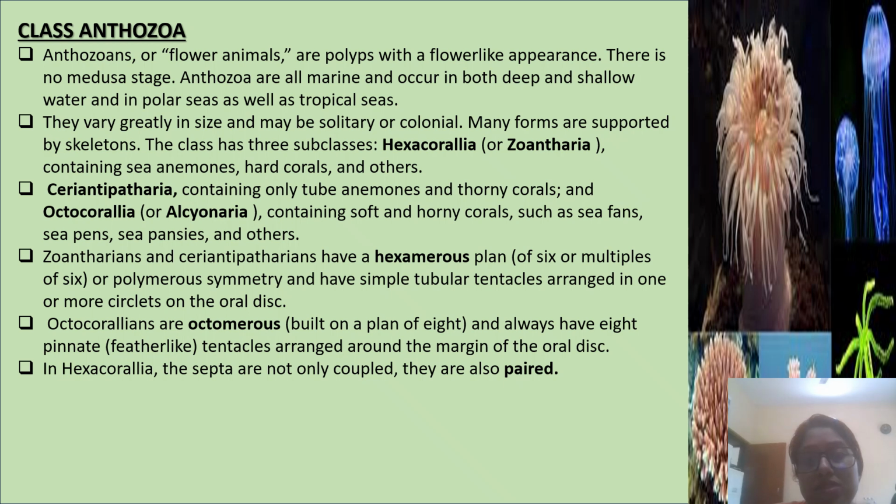Hexamerous plan means of 6 or multiples of 6, or polymerous symmetry, and have simple tubular tentacles arranged in 1 or more circlets on the oral disc. Next, Octocorallians are octomerous, that is built on a plan of 8, and always have 8 pinnate, that is feather-like, tentacles arranged around the margin of the oral disc. In Hexacorallia, the septa are not only coupled, they are also paired.